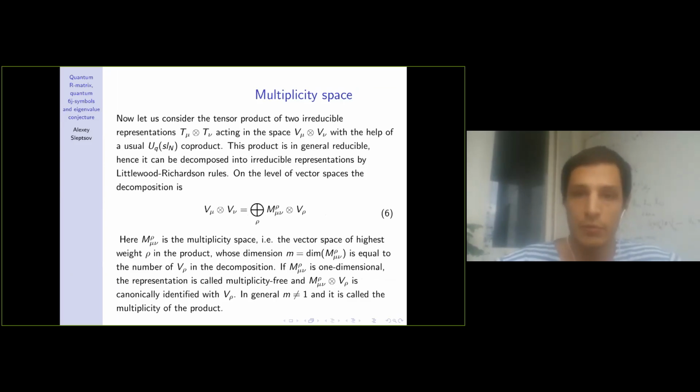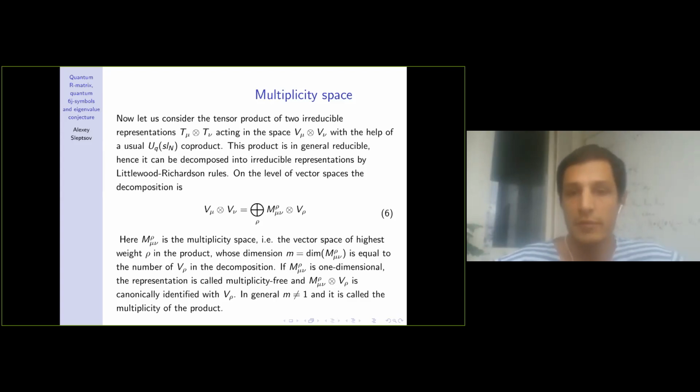On the level of vector spaces, this decomposition is given by formula 6. There are only finitely many non-zero terms in this decomposition. So representations mu and nu are incoming representations, and rho labels irreducible subrepresentations with some repeated summands, in the general case. So M is a multiplicity space.